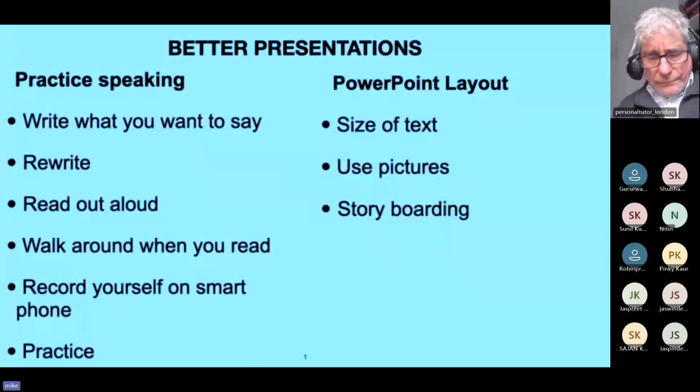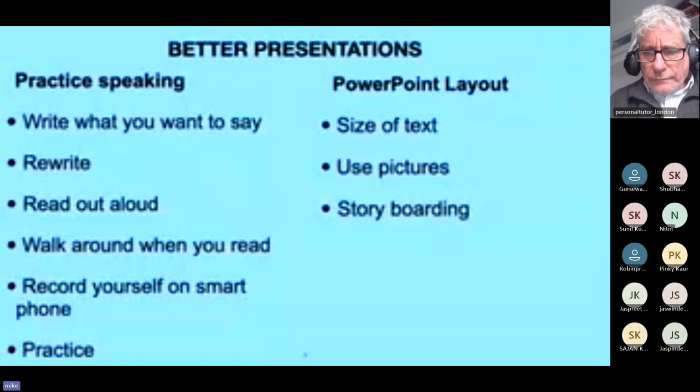Right. So what you do, for example, if we look at here, is you should really try and write a few big words on the page so everyone can read it. That's the size of text on the right I'm talking about. There are only a few words and they are big, so everybody can read them.